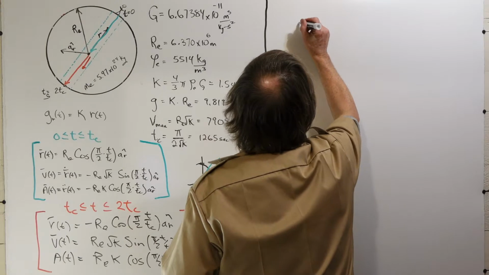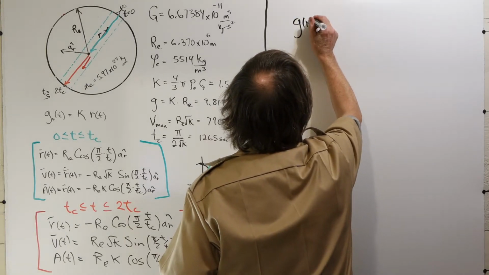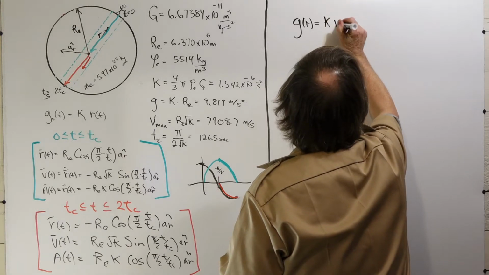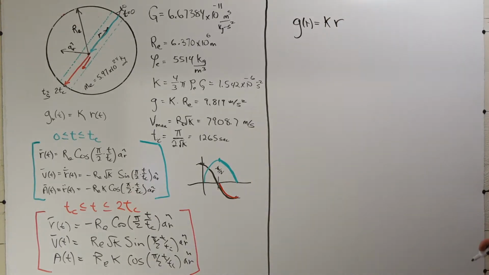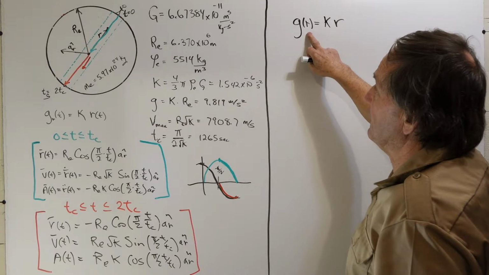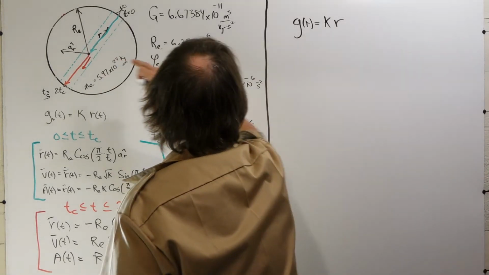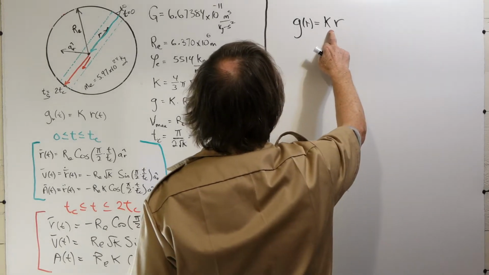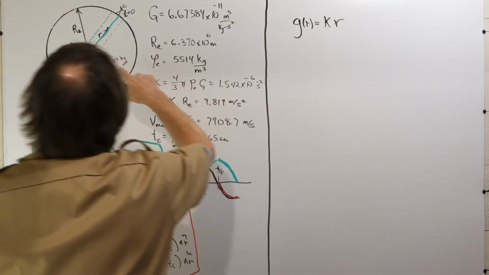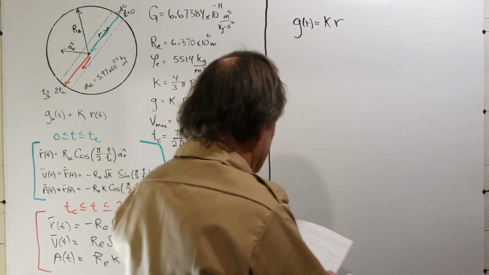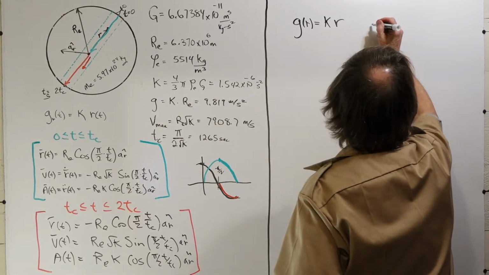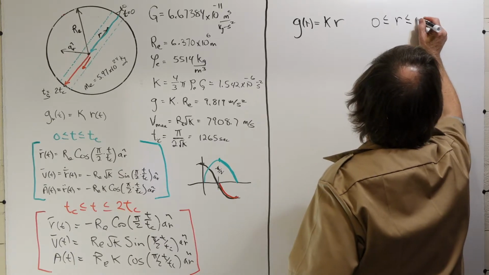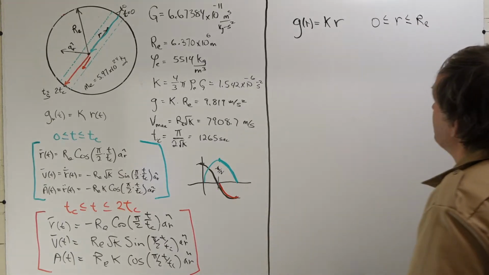Remember that our gravitational acceleration equation, the scalar equation, is this: as a function of the radial distance out from the center, the gravitational acceleration increases linearly up until we get to the surface. So this is valid for r between 0 and the surface of the Earth.